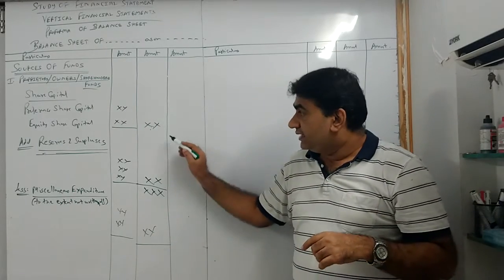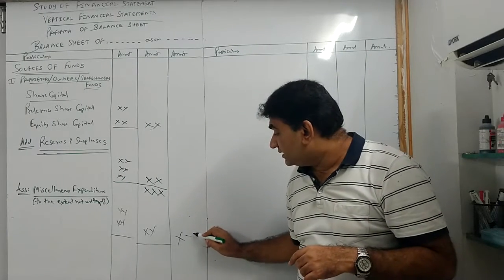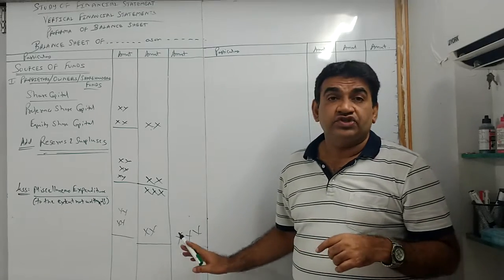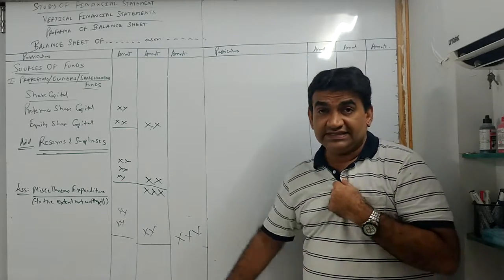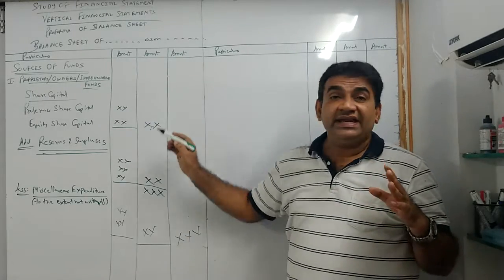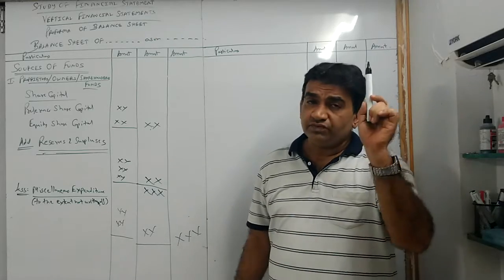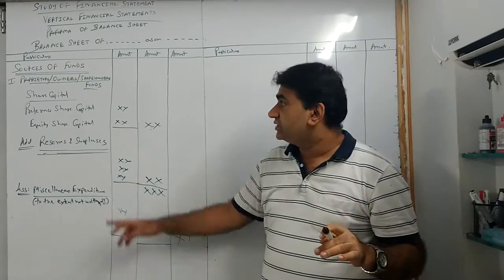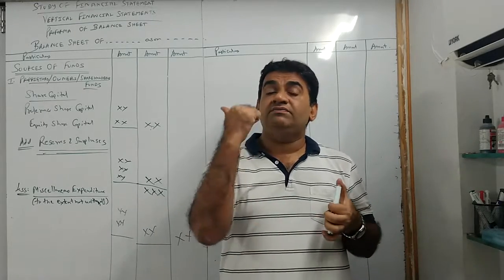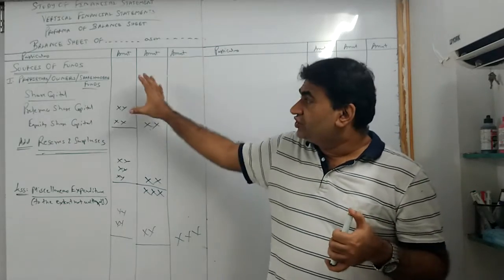Now listen, share capital plus reserves is the total, minus this, take the answer outside, that becomes your first main heading's answer, that is proprietor's funds. So proprietor's funds, or owner's funds, or shareholders' fund, means share capital plus reserves minus miscellaneous expenditure. So this is the first.